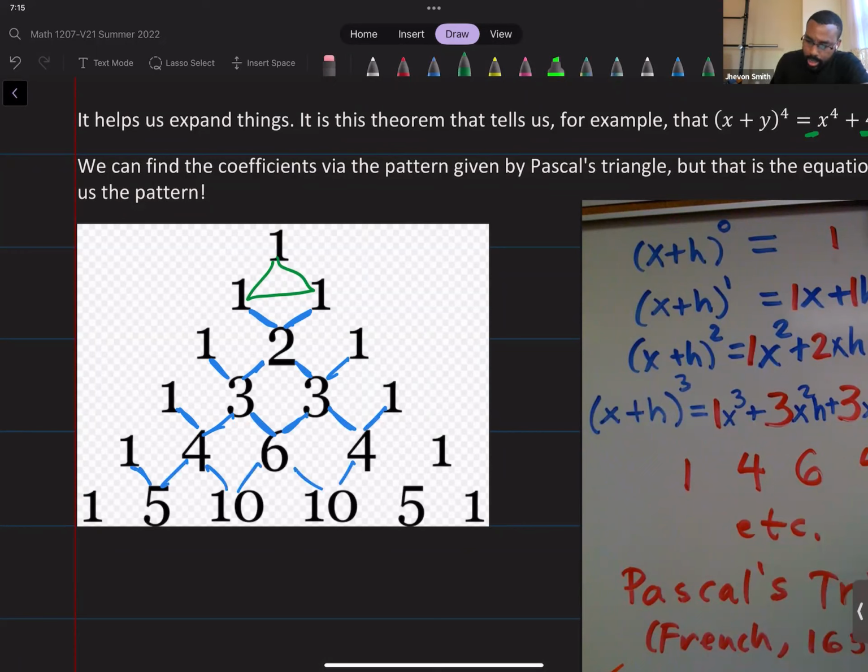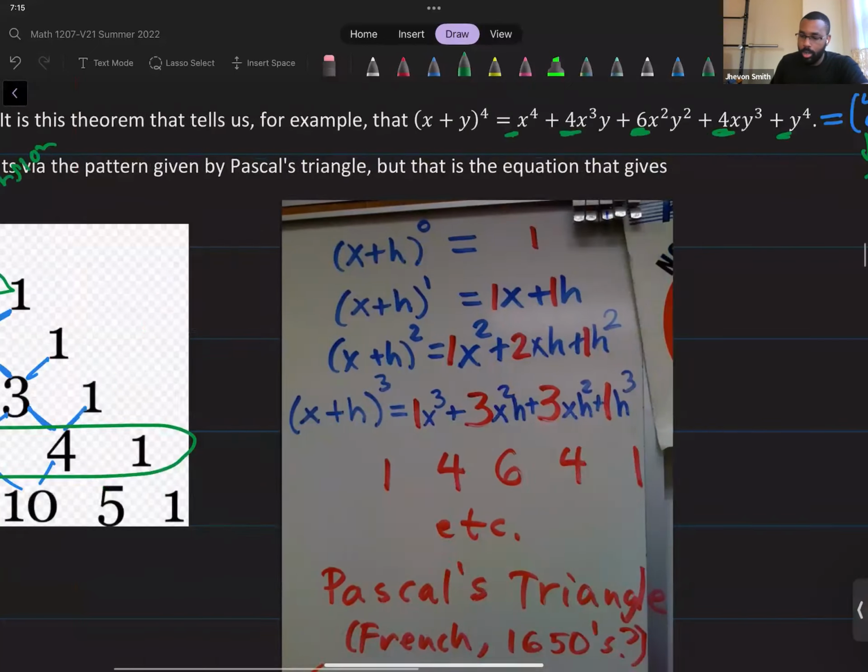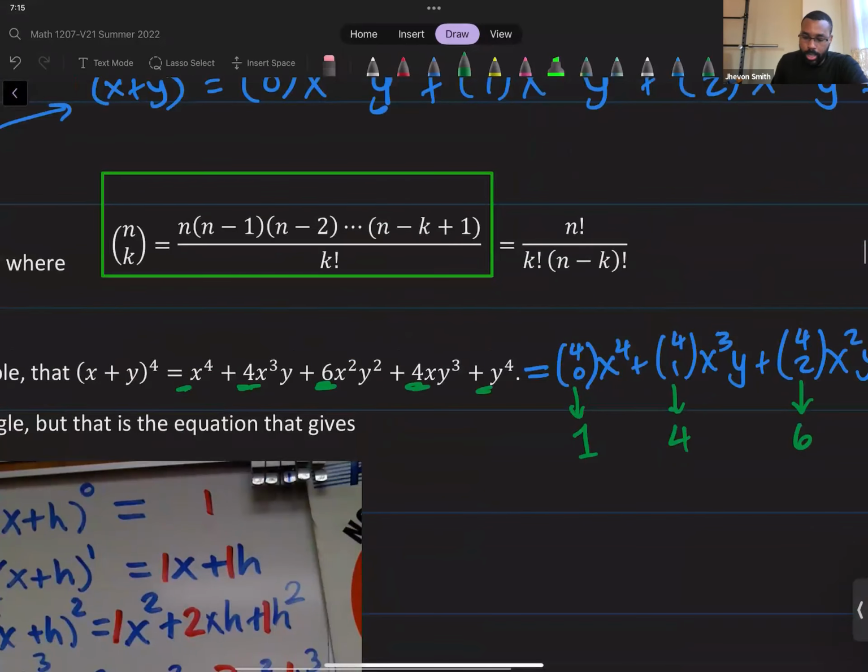At any line, it gives you the coefficients for the expansion of the power at that line, so the coefficients of the 4th power expansion. That 1, 4, 6, 4, 1 is the same set of numbers that shows up in the expansion of (x + y) to the 4th.